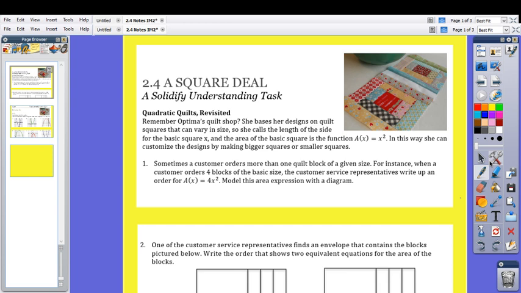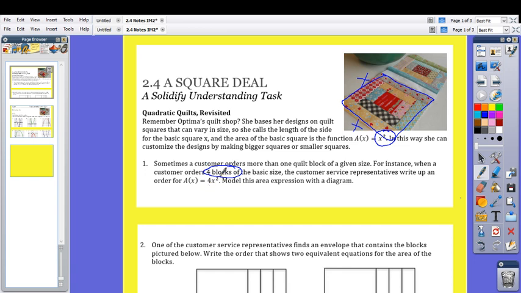So Optima, she makes the quilts, and she started with the basic quilt that has one of the side x, the other side is x. So if this is x and this is x, then this whole area for her was x squared. But now the customers, they are ordering 4 blocks of the basic size.